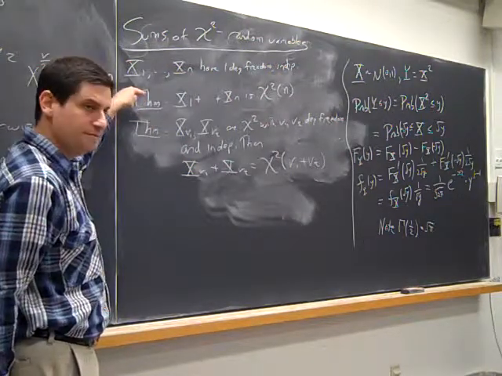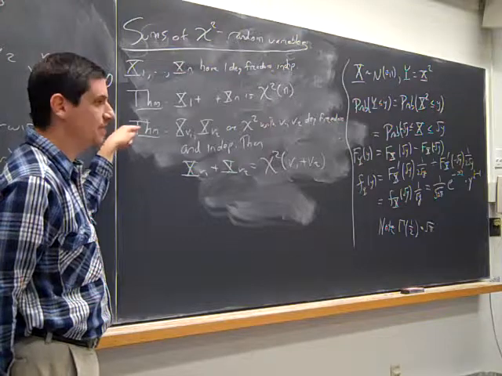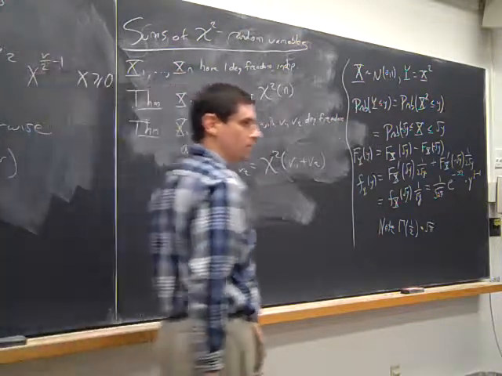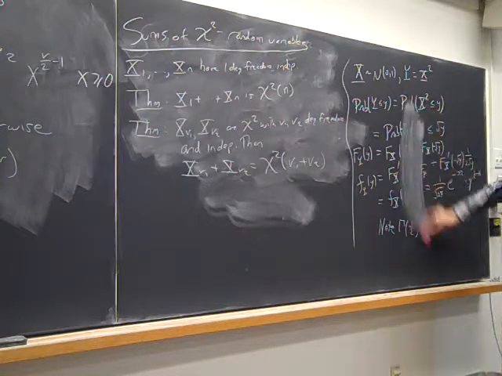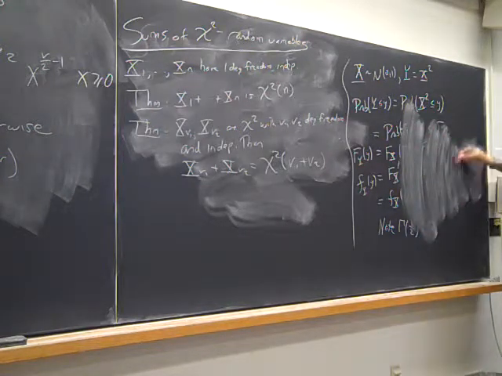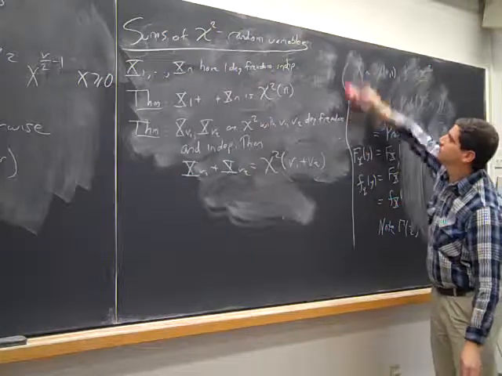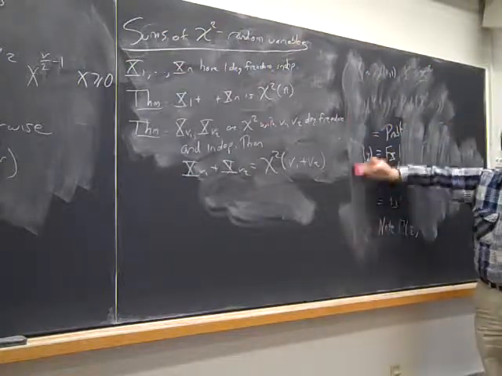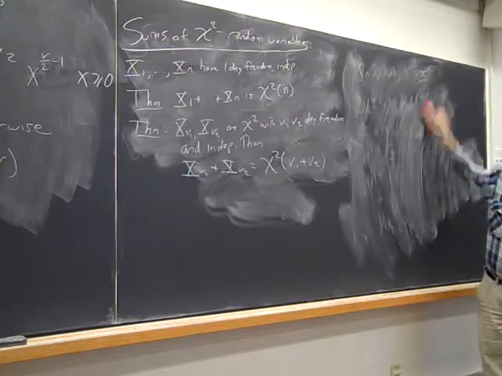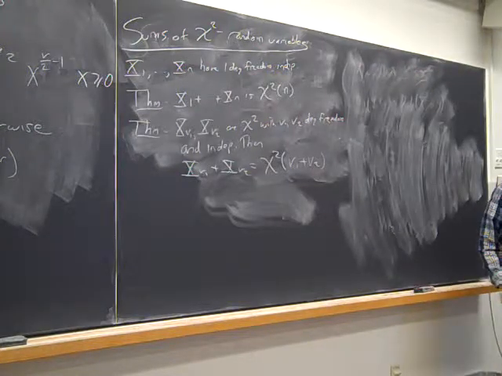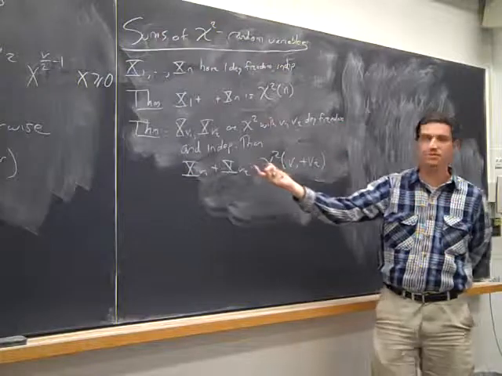I claim this first theorem is actually just a special case of the second theorem. So why is the first a special case of the second? And we've seen this technique a couple of times. But this only says something about sums of 2.